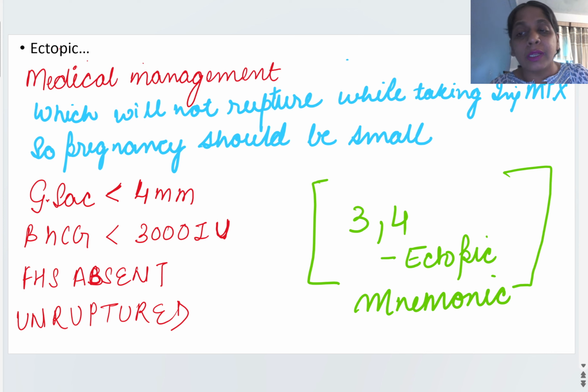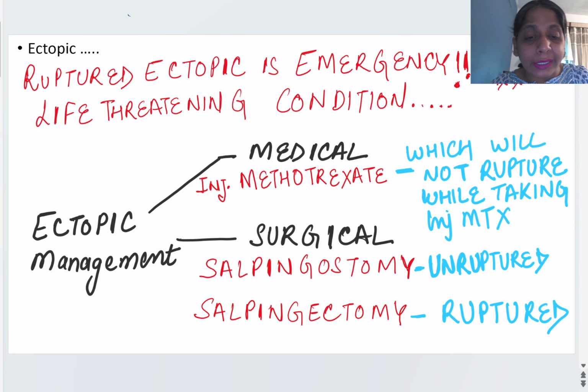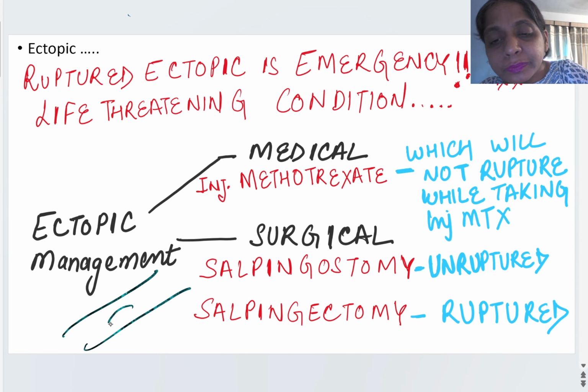If it does not meet this criteria, then what will we do? For unruptured, we have a surgery, salpingostomy. In this we make an opening in the tube. Suppose this is the tube, we make an opening in the tube, and we take out that tubal pregnancy and we close it.